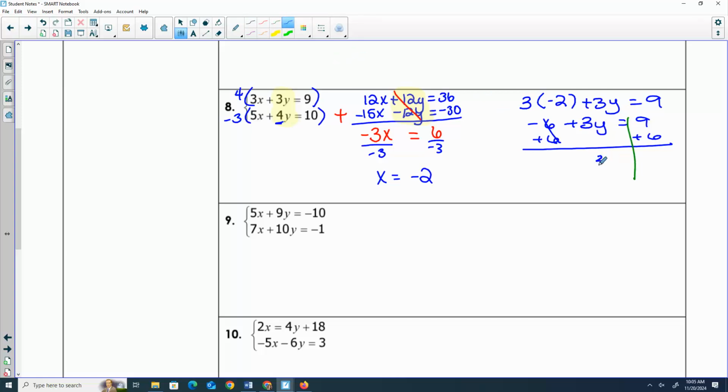We get 3y equals 15. Divide by 3, and y is 5. So my answer is negative 2, 5. Are there questions there?